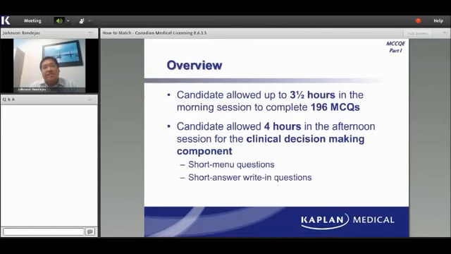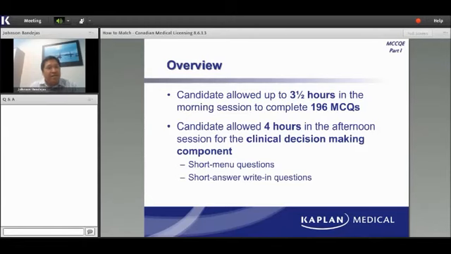Now, the QE1 is divided into 2 components, which is what makes it quite different from the evaluating exam. The first component is composed of multiple choice questions that are given in the morning. There are about 196 multiple choice questions that should be completed in about 3.5 hours.